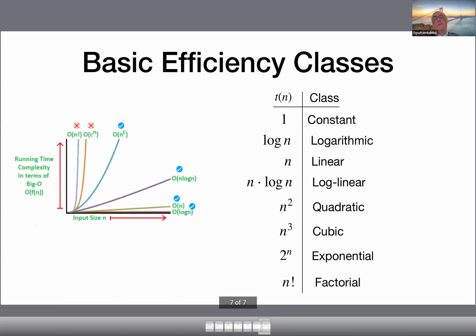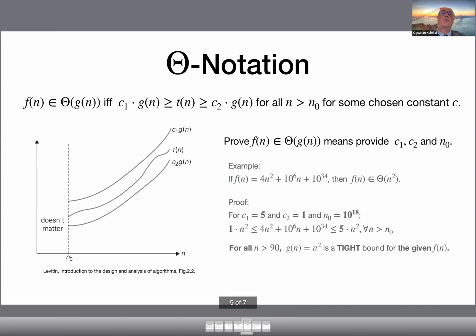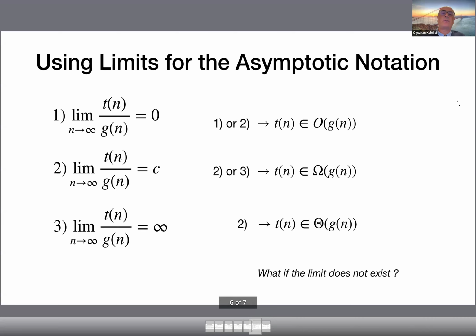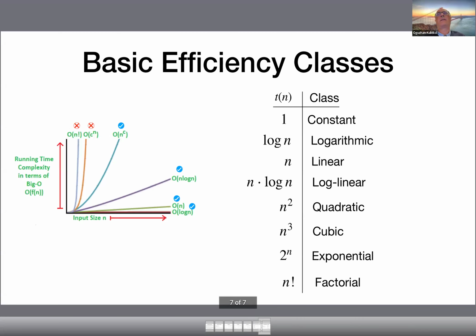Last but not least, I would like to discuss the basic efficiency classes. As you see here, these notations are mathematical notations and they can be anything. So for big O, you can write any function here, right?